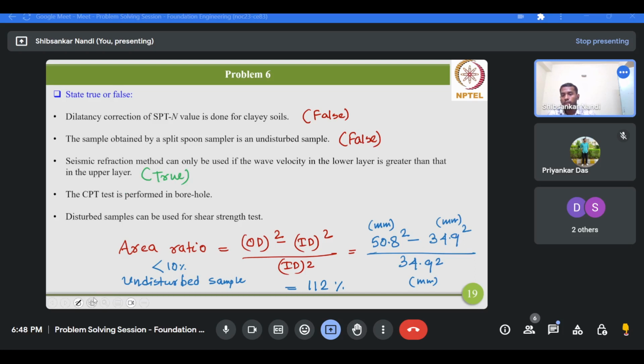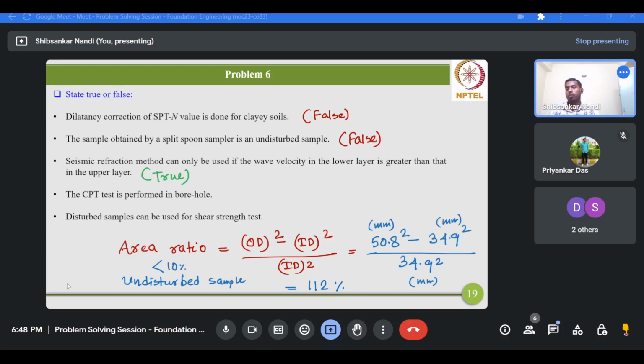Now, coming to the fourth statement: the CPT test is performed in a borehole. Is it true or false? Is there any necessity for a borehole for this CPT test, or can it be performed without a borehole?